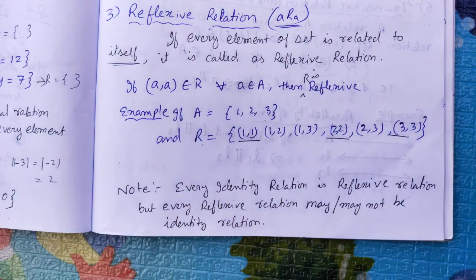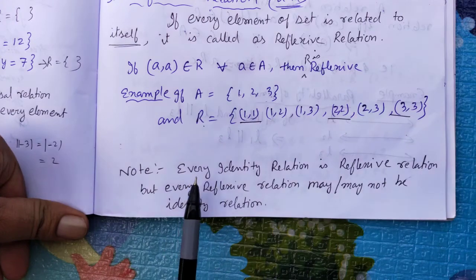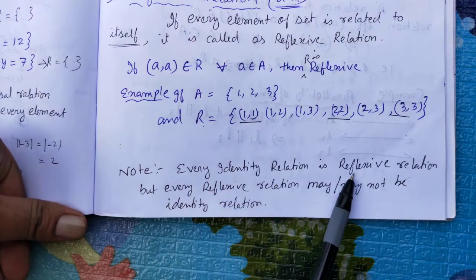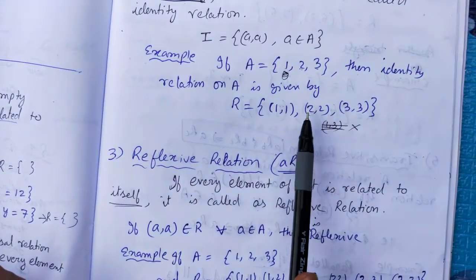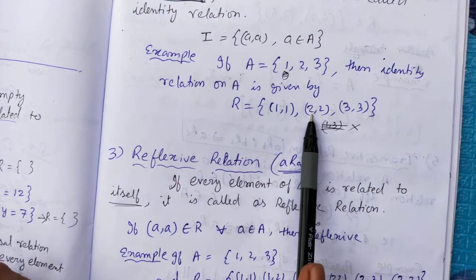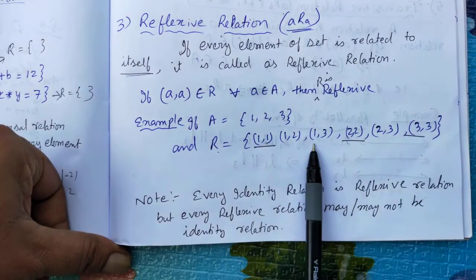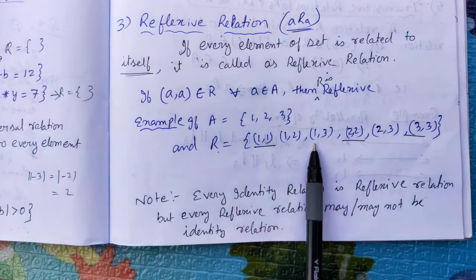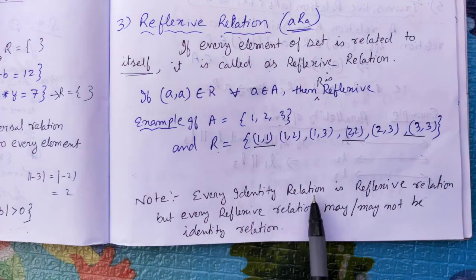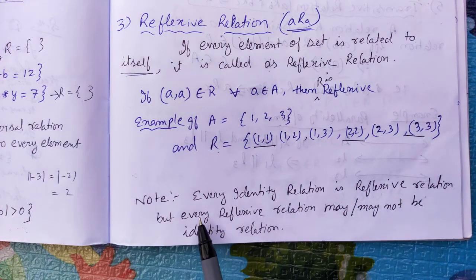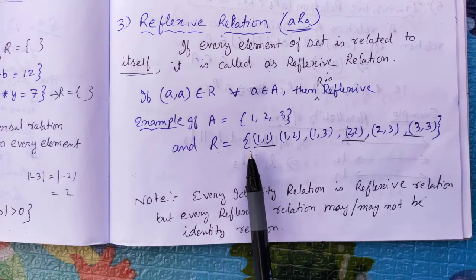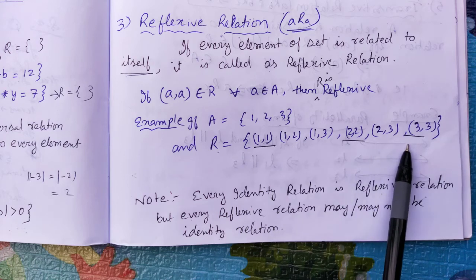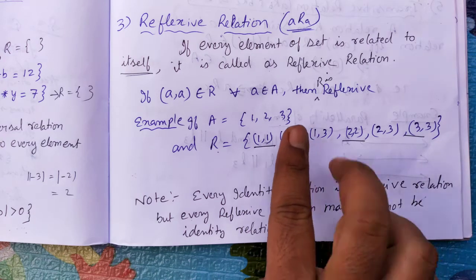Okay, so note this point. Every identity relation is reflexive. This relation I can call reflexive, but this relation I cannot say identity. Clear? So every identity relation is a reflexive relation, but every reflexive relation may or may not be an identity relation. This reflexive relation will be identity only if these other pairs are missing.